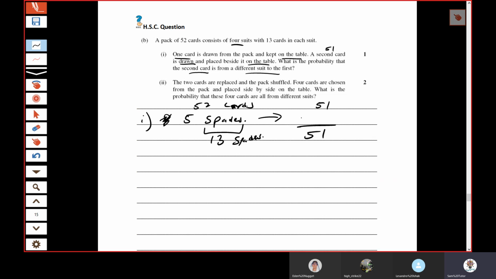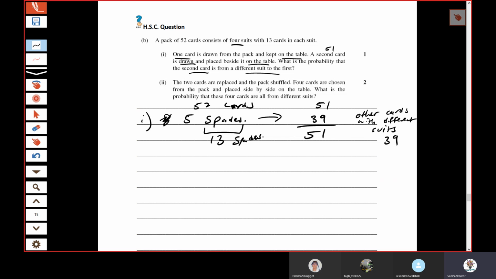I was going to say you could take out 12 from 51, or I'll rather just say, how many other cards with different suits are there? There will be 39, right? 13, 13, 13.